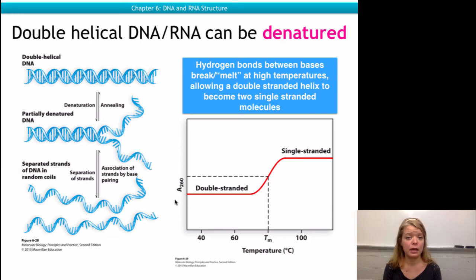Because DNA has so many bases inside of it, it is able to absorb ultraviolet light of the 260 wavelength and the 280 wavelength. And because absorbance of light is easy to measure in a machine called a spectrophotometer, reading the absorbance of a DNA or RNA solution is one of the standard ways that we measure how much DNA or RNA is in that solution.